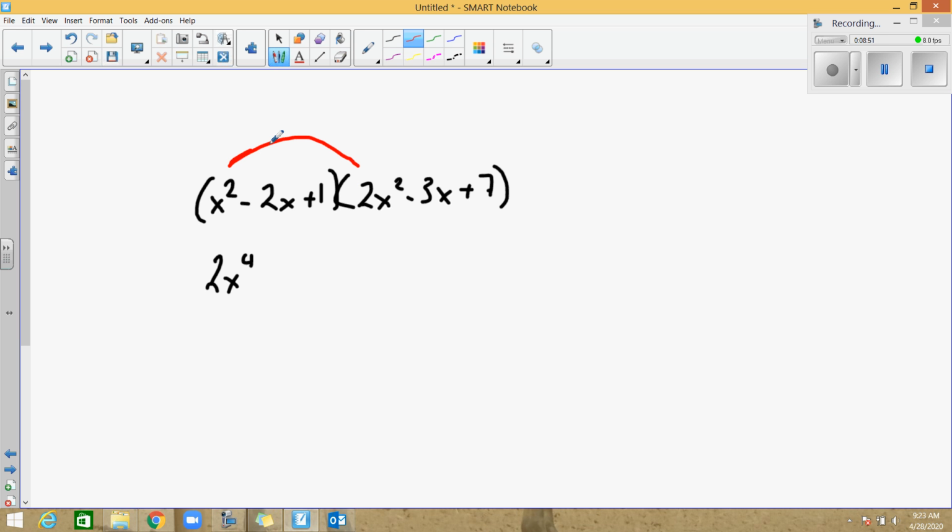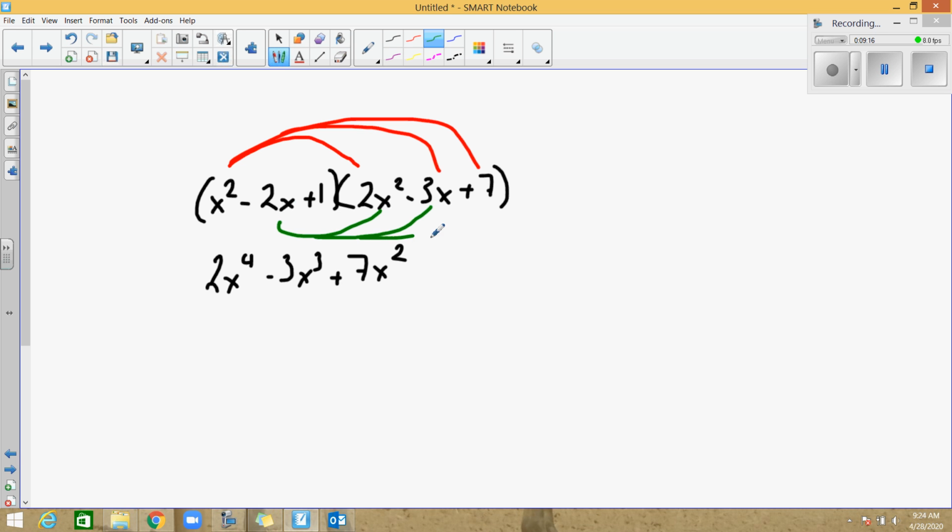Then we take it times the next term, and I'm going to go ahead and draw my next arrow out there as well so I don't go back and forth between our colors too much. And we get minus 3x cubed and plus 7x squared. So that's all my red arrows. And then I move to this guy, and I do this to every single term.